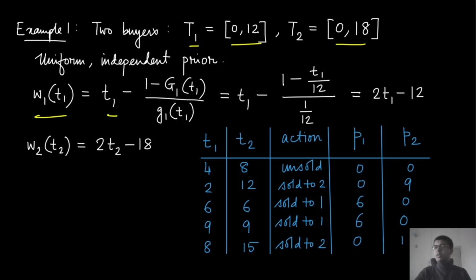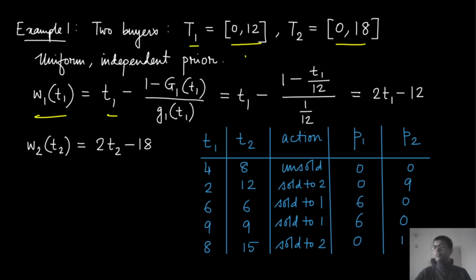This is given by t1 minus (1 minus g1 of t1) divided by small g1 of t1. The meaning of g1 of t1 is the probability that this type random variable takes a value less than or equal to t1.